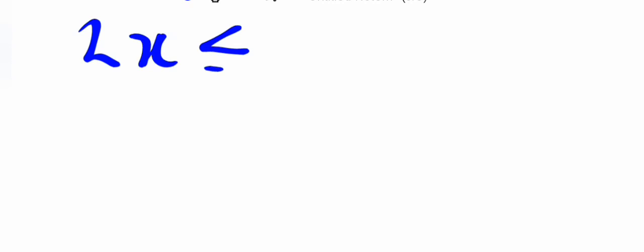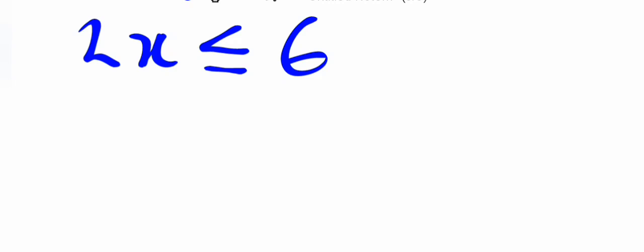Question number 4b, mathematics says, twice a certain number x is less than or equal to 6. Twice a certain number x means 2x is less than or equal to, this symbol for less than or equal to, 6.